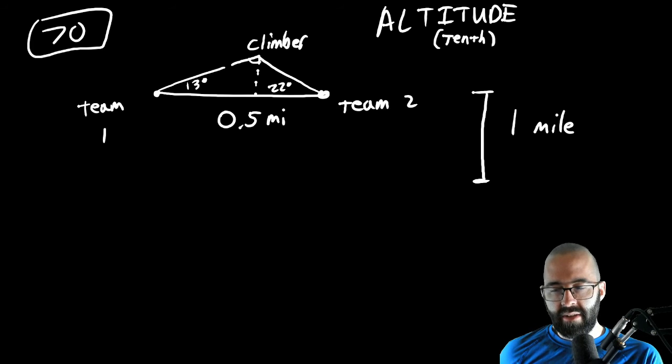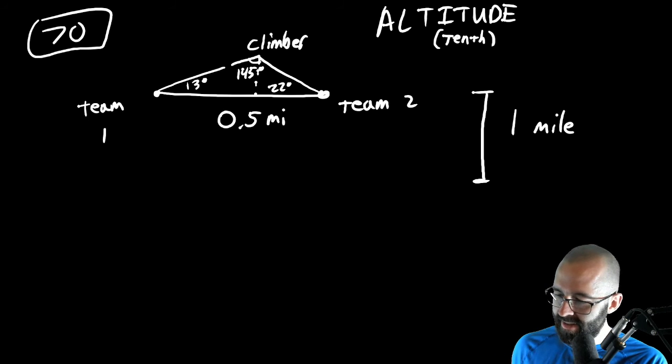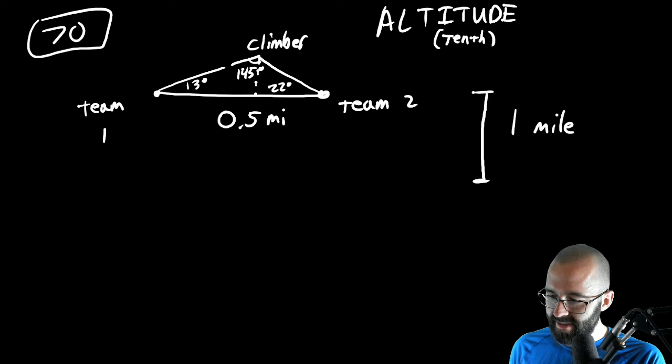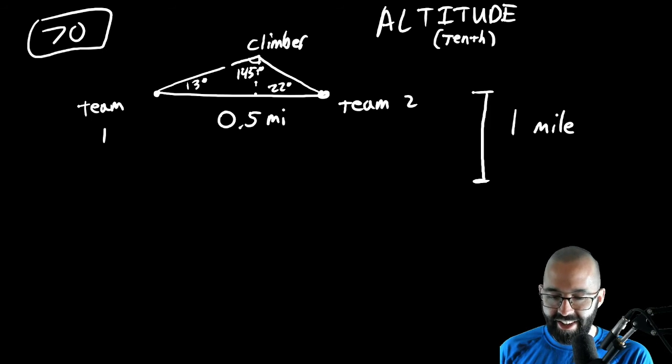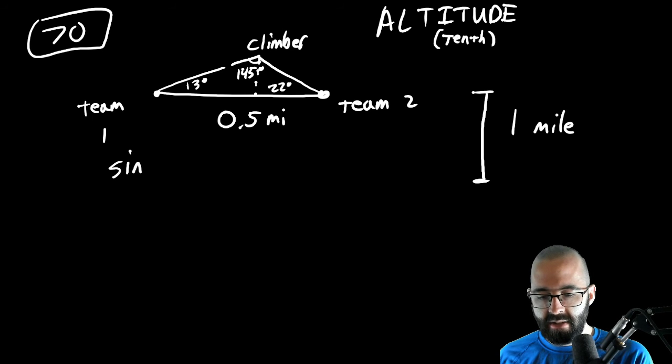That adds up to 35, so it needs to be 145 degrees is this. Wait, are these the same? Looking real similar here. I might be just losing my mind. So, law of sines. Let's call this y. We want to eventually solve for h.